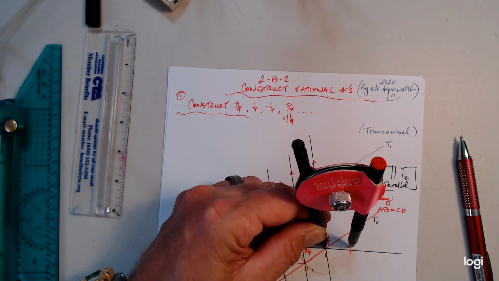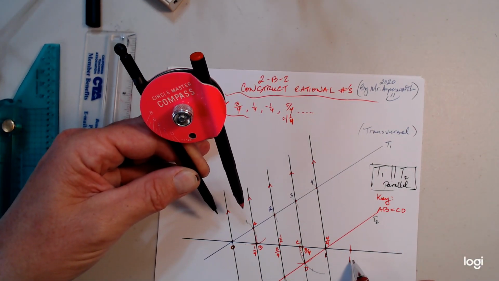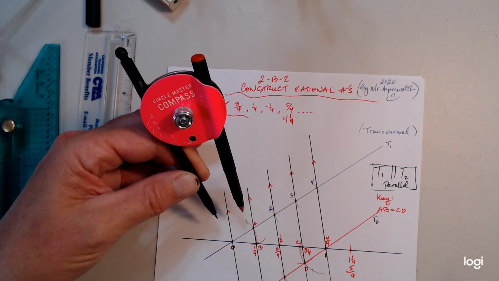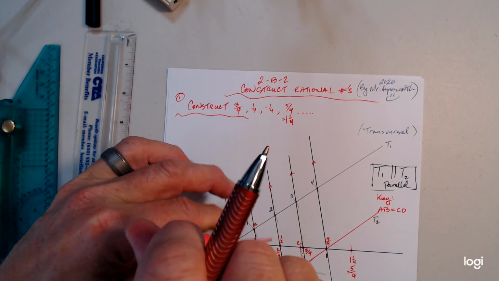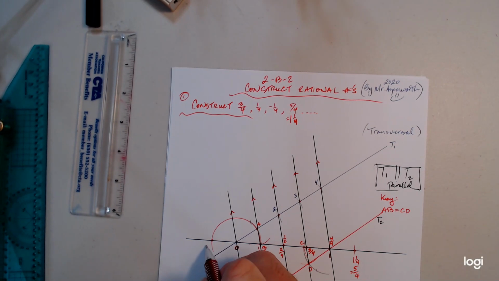That's one way you can do it. So right here, I have 1 1/4, which is the same as 5/4. If you want negative 1/4, by the way, all you have to do is rotate. Watch this. Go on the other side of 0, and now you're at negative 1/4.